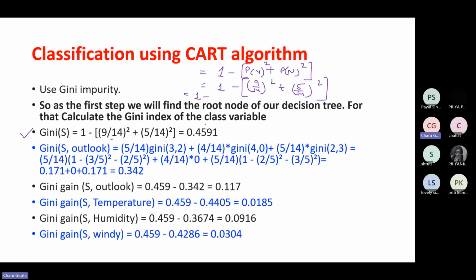You will get the value as 0.491. Similarly, you can find out Gini for the other two variables, right? So the question would be like, find out the Gini impurity. You can calculate the Gini impurity like this.